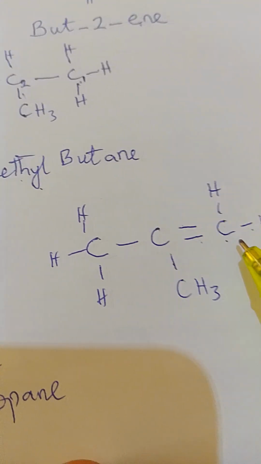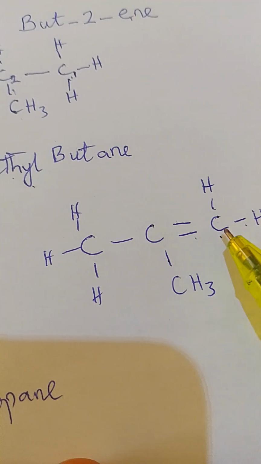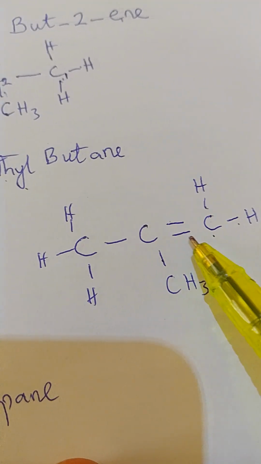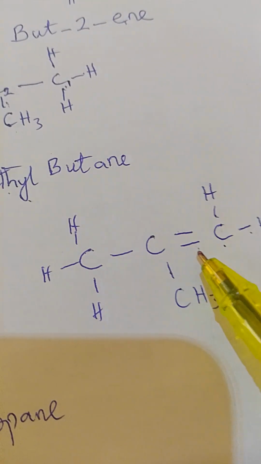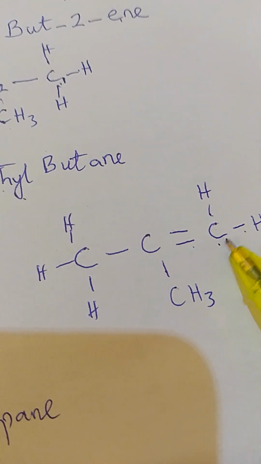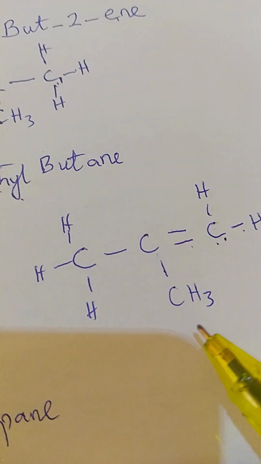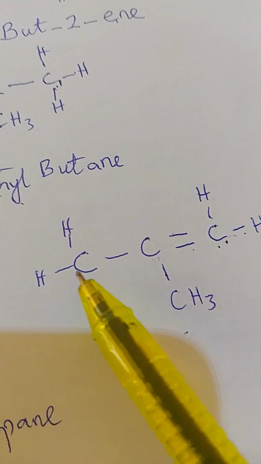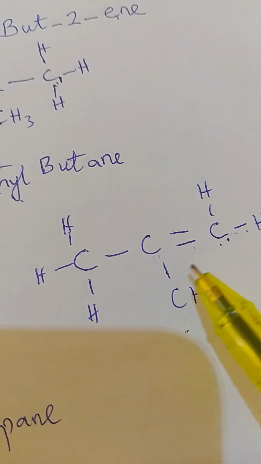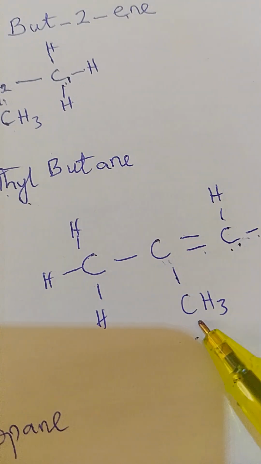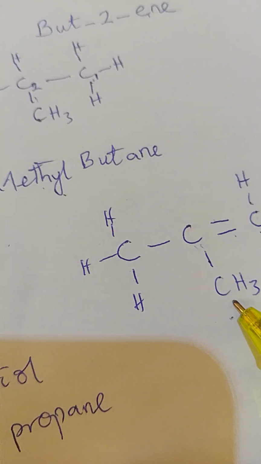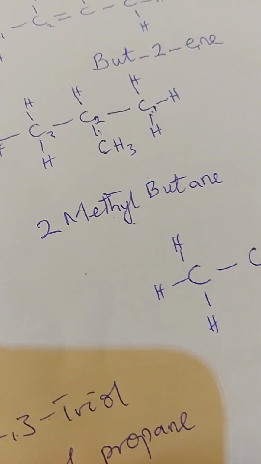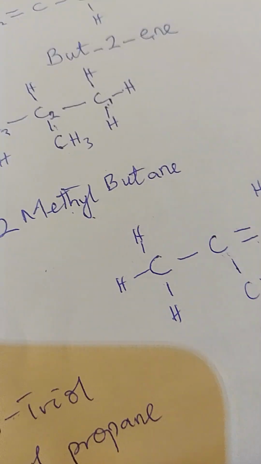Then the next thing to identify is the longest continuous chain. When you look at this, you start from where we have the principal functional group. So this will be 1, this will be 2, this 3, or 1, 2, 3. However you count it, you see that on carbon 2 there is an attachment. That attachment is the prefix. And what is it? Methyl, and the methyl is on carbon 2.